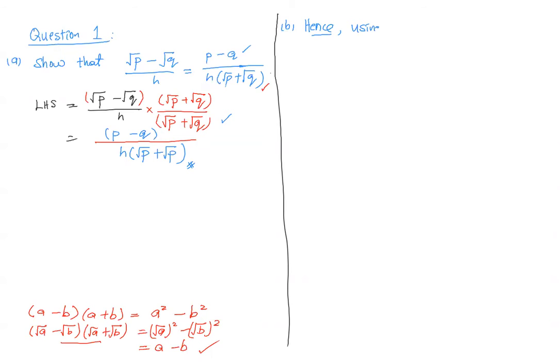Using first principle, find the instantaneous rate of change for f(x) equal to square root of x plus 2 at x equal to.